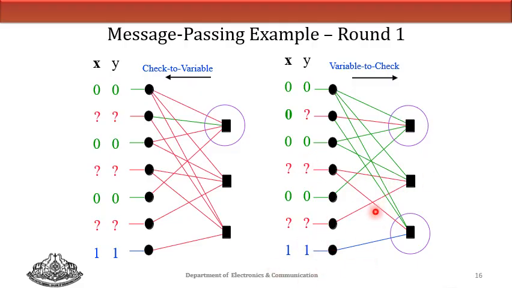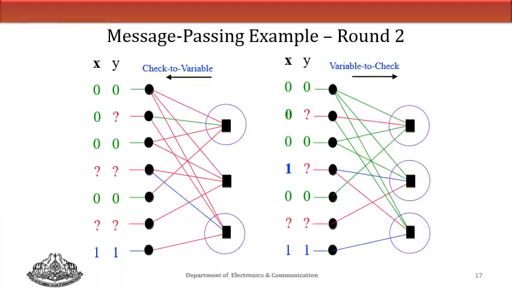So now what happens is, this check node need not compute anything because it will just send the sum of the variable to check node messages. Now we have to think about the round 2 check node to variable node message transmission.